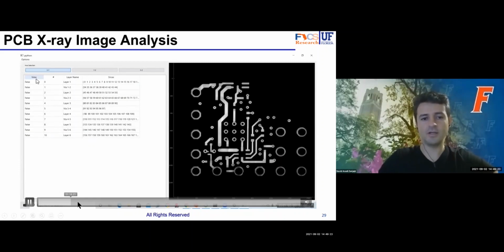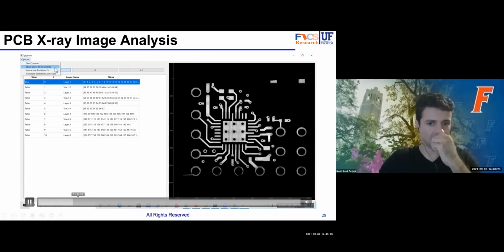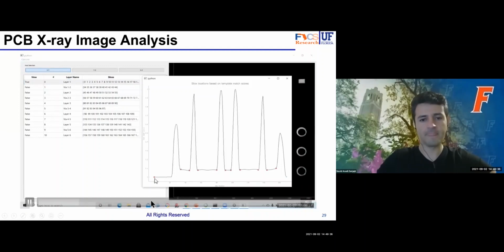Different layers can be automatically detected, identified, and presented in one layer. I'm not going to go over the algorithms behind them. Once we have those, the next steps are annotation and segmentation.